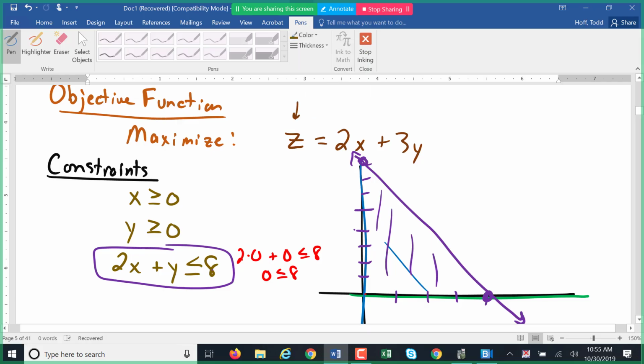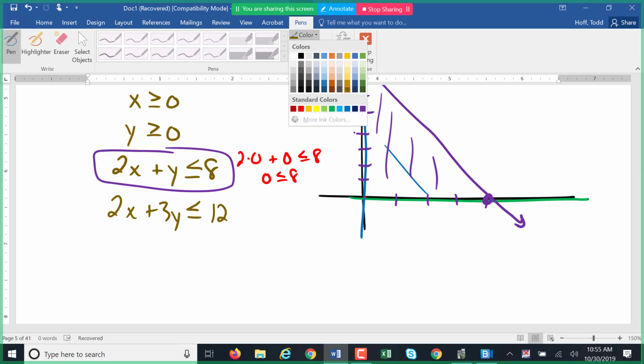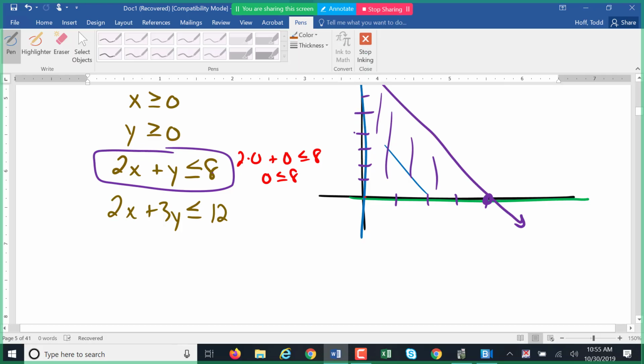This fourth constraint says 2x plus 3y is less than or equal to 12. So again, let's use our intercepts here. 12 divided by 2 is 6. So the x-intercept is 6. 12 divided by 3 is 4. So the y-intercept is 4.